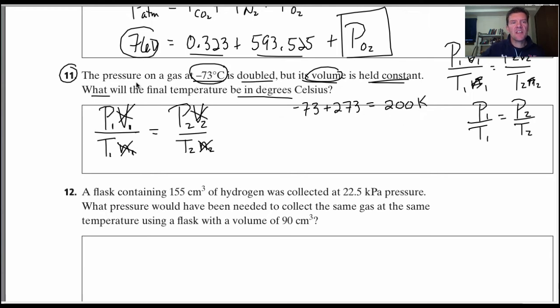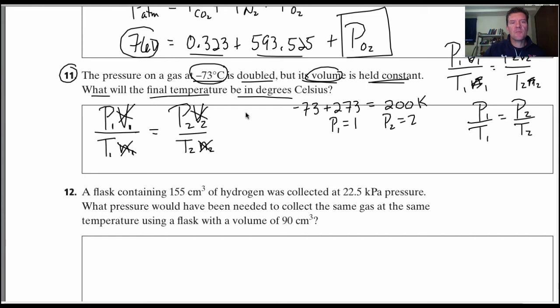And it says that the pressure is doubled. Okay, it's not telling you the exact numbers, but you can just put in numbers if you want to, or you could just put a 1 for the pressure, for initial pressure, and then a 2 for the second pressure. That would be fine. So you could say pressure 1 is 1, and then pressure 2 is 2. It doubled. There you go.